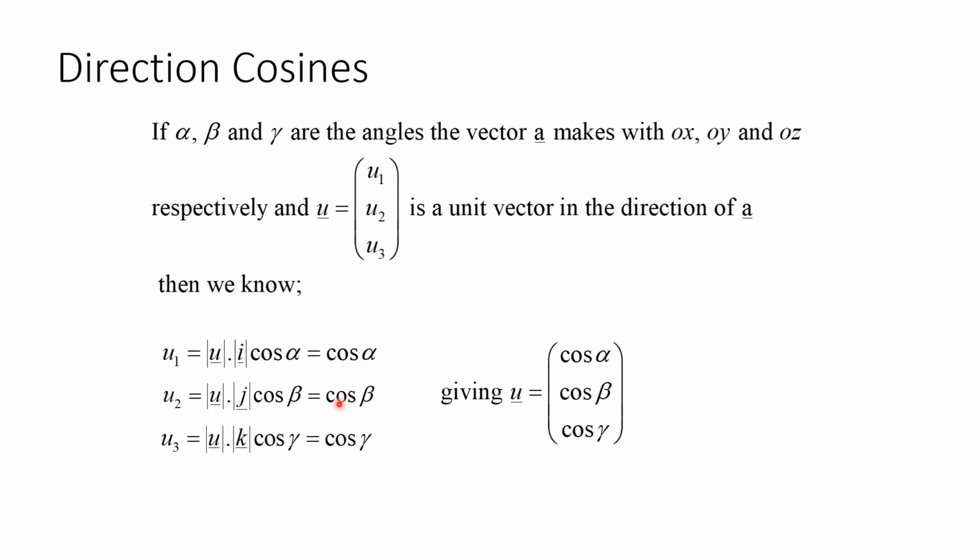Therefore, your vector u, simply because it's a unit vector, can be reduced to the components cos alpha, cos beta, and cos gamma. And these components are called the direction cosines of the vector A. So when it's a direction cosine, it has to be the cosine of an angle, because they are simply known as direction cosines of a vector.